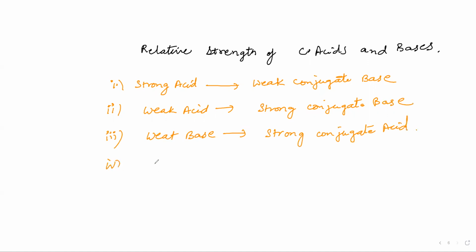And the 4th point is, a strong base will make a weak conjugate acid. Fine. This is the summary.